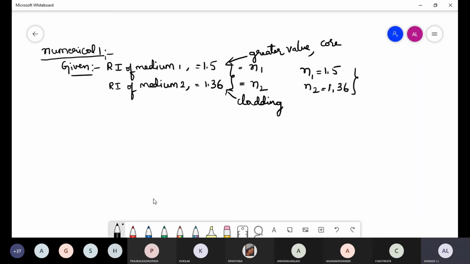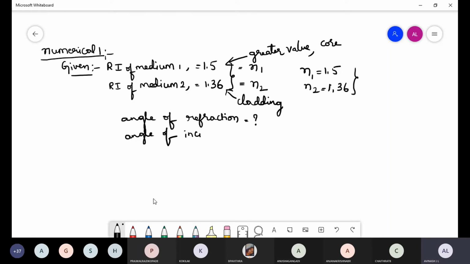So now after that, what they are given? Determine the angle of refraction. So angle of refraction, we need to find. Here angle of incidence they have given.